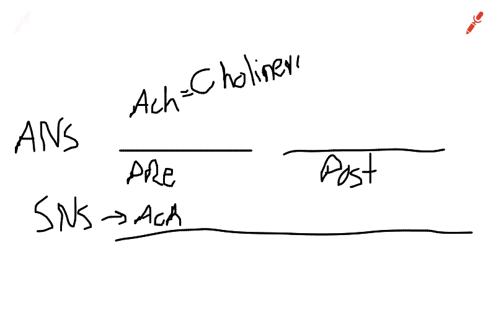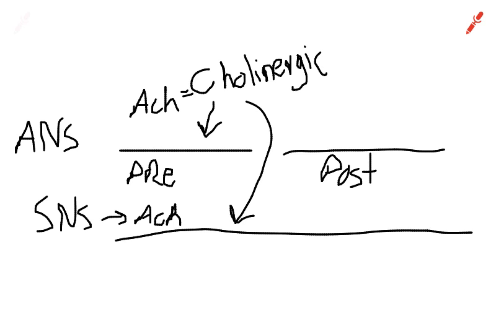It's very important to know the difference between cholinergic and adrenergic, which we're about to go over. A cholinergic neuron is one that always releases acetylcholine. So in this case, this will be cholinergic because it releases acetylcholine. The preganglions always release acetylcholine, no exception. This is also cholinergic because it releases acetylcholine. You can just deduce it with critical thinking: it releases acetylcholine, so it must be cholinergic.